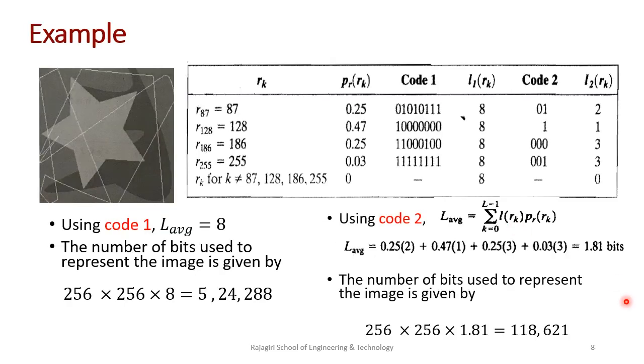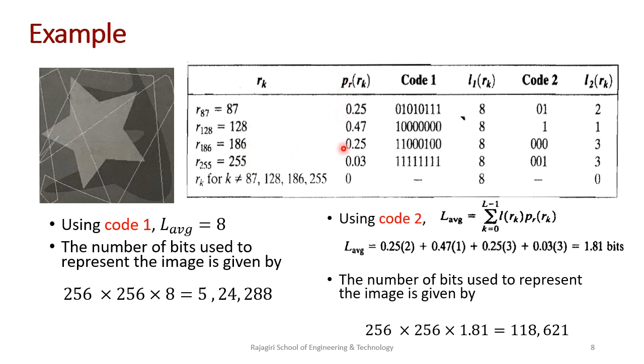Here is an example of a digital image of size 256 cross 256 which is encoded using two coding schemes, namely code 1 and code 2. The first column of the table shows that each pixel of the digital image can take one of four intensity values, namely 87, 128, 186, and 255.